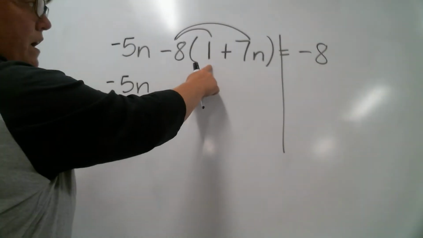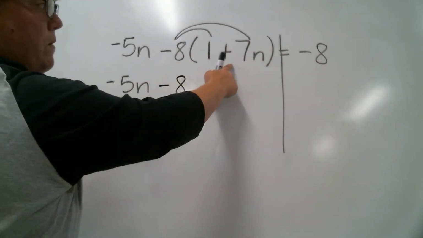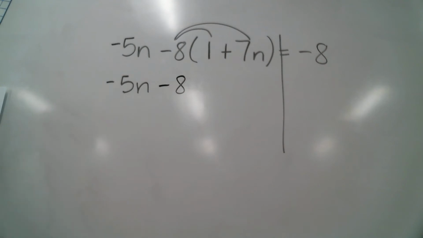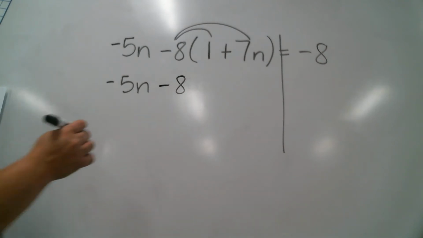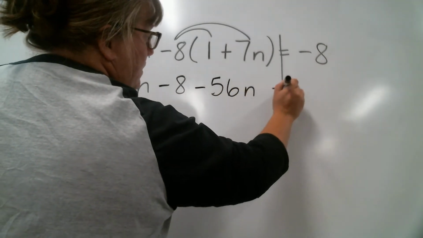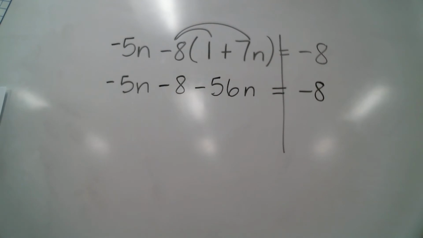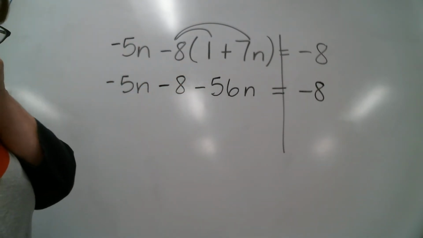So -8 times 1 is -8, and -8 times +7n, negative times positive is negative, so it'd be -56n equals -8. So I'm rewriting everything else and I'm taking care of the distributive property.